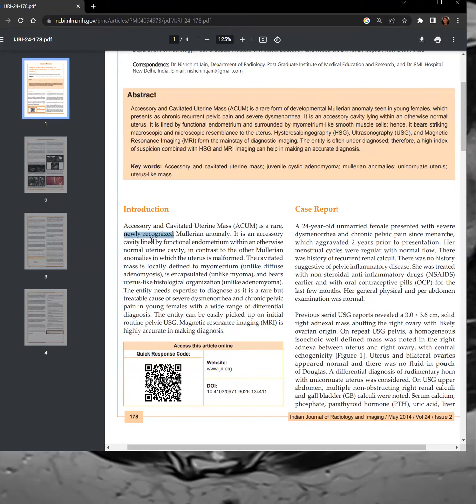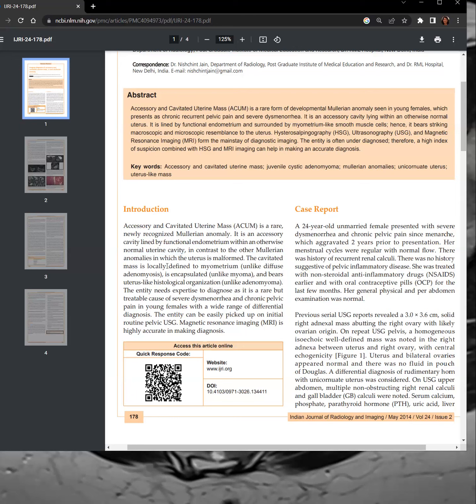If you Google it, it's not going to be included in the old classification. So it has functional endometrium, and that's what the T1 hyperintensity was, in contrast to other anomalies in which the uterus is malformed. It looks like a normal uterine cavity, right?